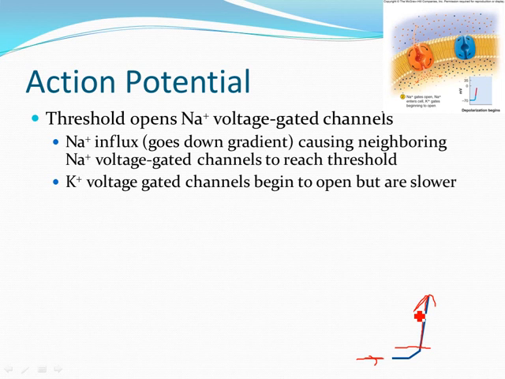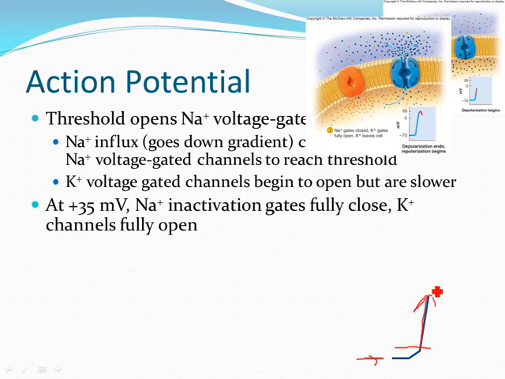Once we get to positive 35, that's when the sodium inactivation gate, remember that little thing that plugs up the sodium gates earlier on, plugs it up, preventing any more sodium from going into the cell. That means we're not going to become more positive anymore. It's going to stop there. At the same time, the potassium voltage gated channels are now fully open. Which way will potassium go? They're going to go out, right?